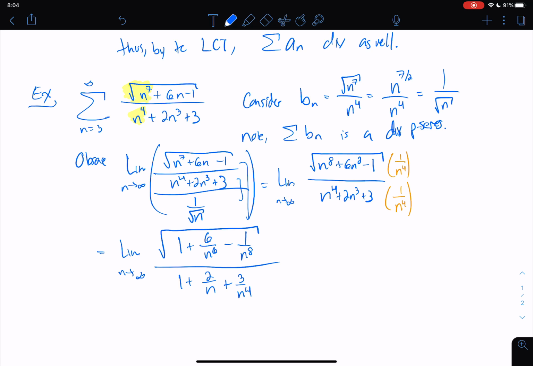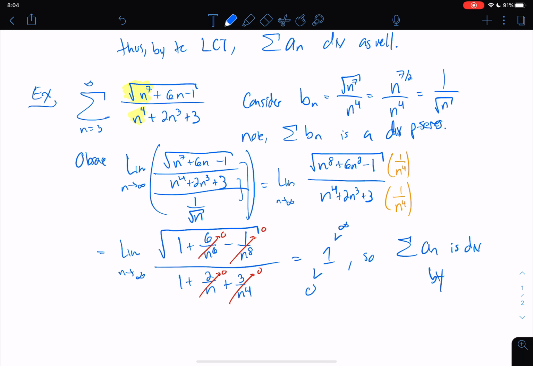And we see here now that all of these terms are going to 0. And so the only terms that survive, of course, are the first few terms, and so that's a 1, which is non-zero and finite. So this series a sub n is divergent by the limit comparison test.